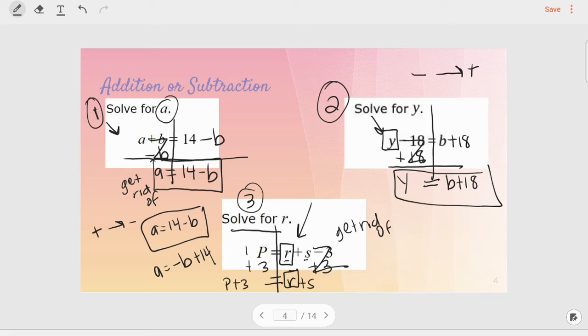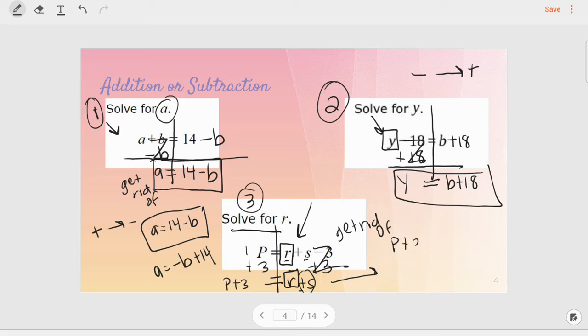Now, have I reached my goal? Is the box that's around R, is that all I have on that right-hand side? And the answer is no, I still have this S that I need to eliminate. This side of the equation says R plus S, so how do I undo addition? I'm going to use subtraction. I'm going to rewrite this over here so I have more room.